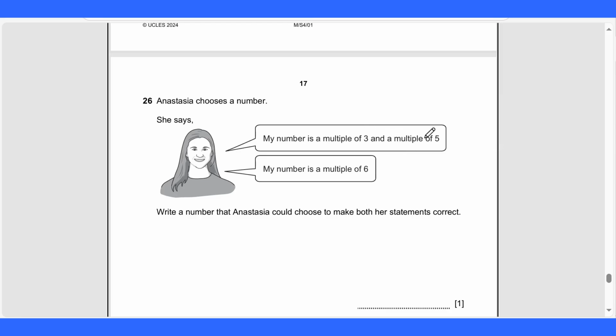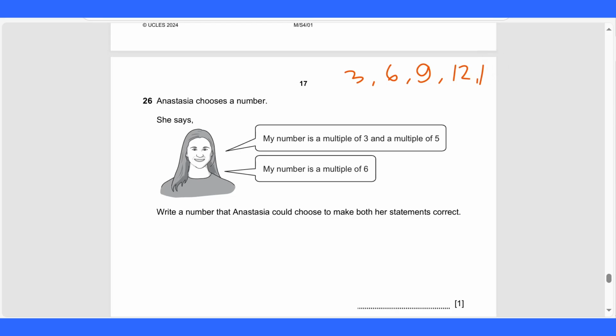So a multiple of 3 and 5 is 15, because multiples of 3 are 3, 6, 9, 12, 15. Multiples of 5 are 5, 10, 15. So that is the lowest common multiple, 15. So in here must be 15.